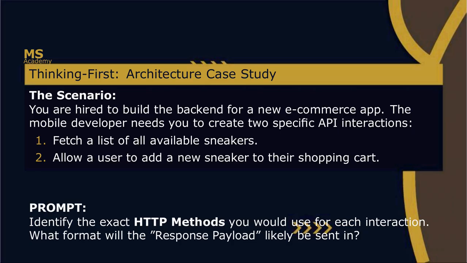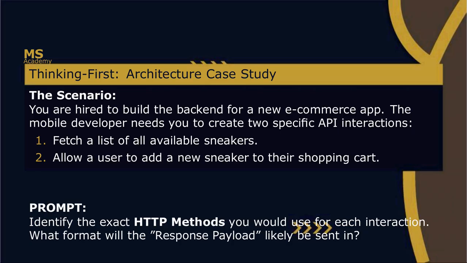So just imagine being you, you are hired to build the backend for a new e-commerce app. The e-commerce app will mostly be selling sneakers. The mobile developer has done most of the interface job.